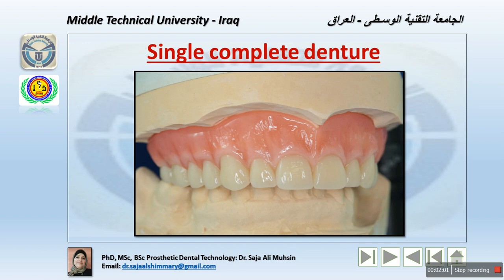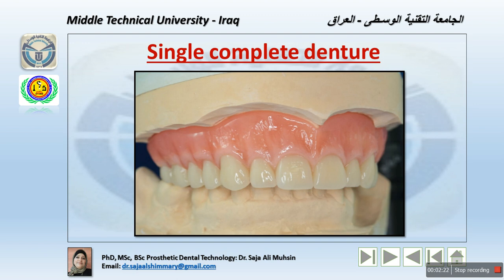The super eruption of the opposing natural teeth produces a disharmonious occlusal plane and minimizes the vertical space for setting the opposing denture teeth. So we have probably limited spaces for the artificial teeth, so we need to deal with them.